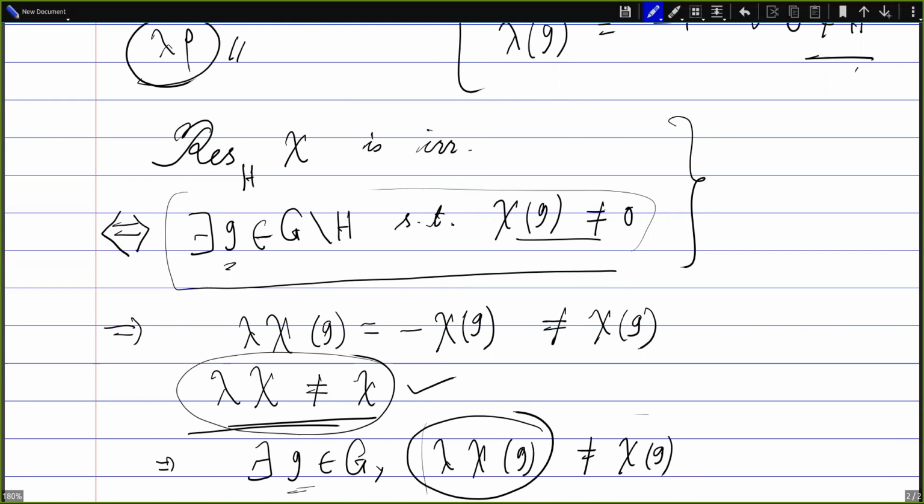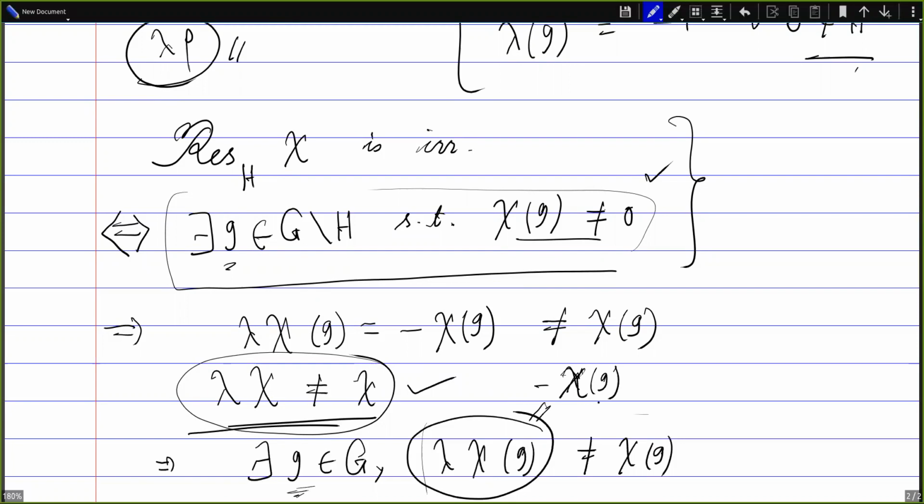So this g has to be outside H. Once it is outside H, this just becomes minus chi g, and that immediately forces chi g to be non-zero, because if lambda chi g is not equal to chi g, then chi g certainly cannot be 0, since the value of lambda chi g is plus or minus chi g.